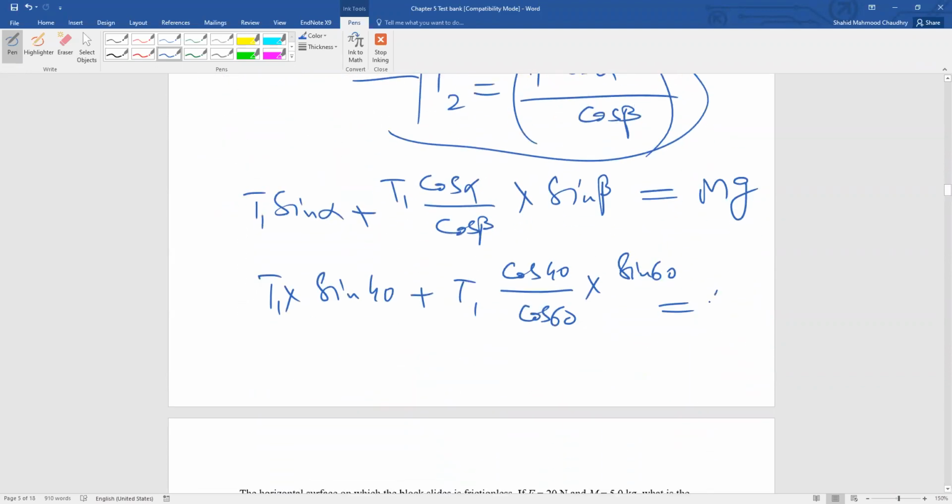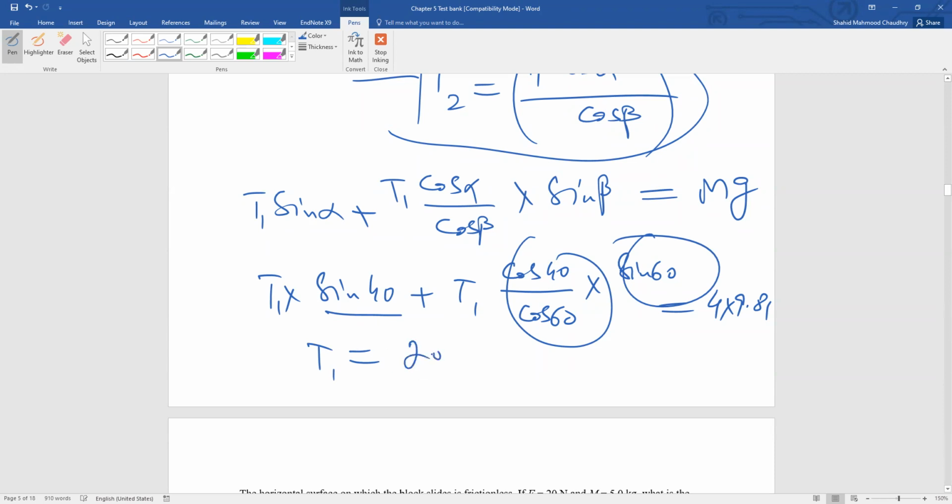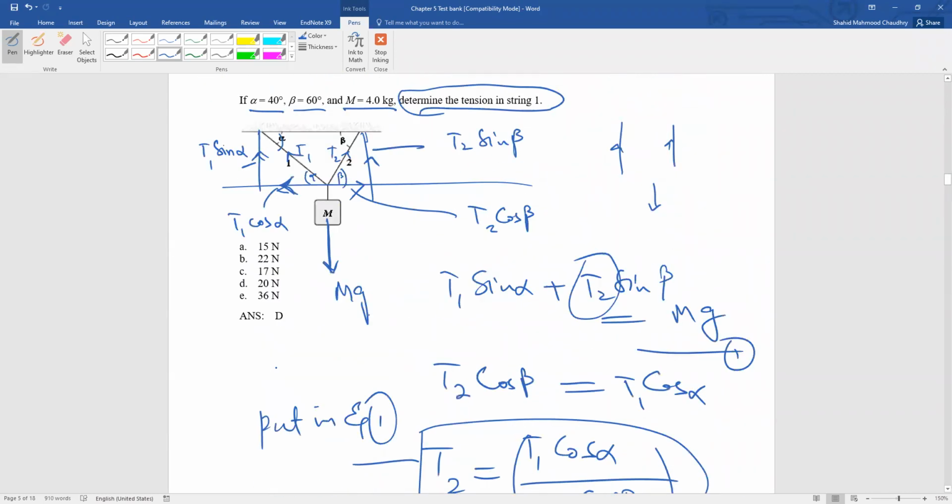It is 4. So 4 into 9.81. You know all these values, so solve it, take T1 common, and the answer will be around 20 Newton. So again in this question, you have to make the components and solve it.